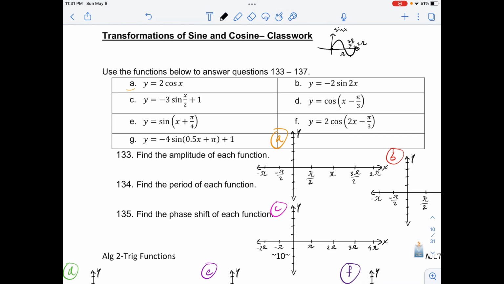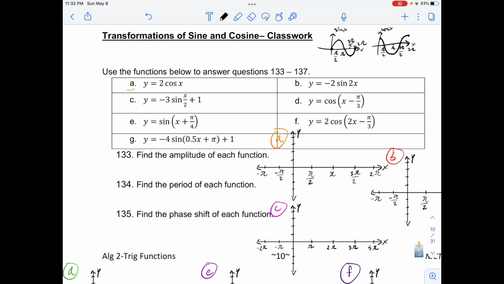This is pi, and then has a maximum at pi over 2. And then for cosine, so this is cosine of x, and this is x. We have pi over 2, pi, 3 pi over 2, and 2 pi.